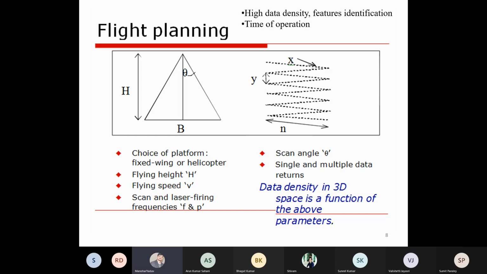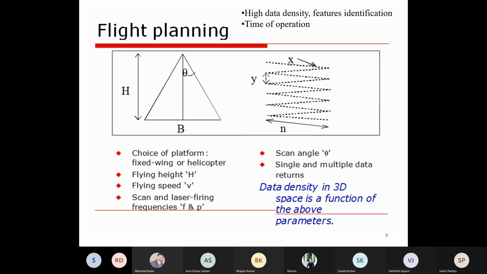So the length which we calculate is the swath. Swath is equal to 2h tan theta by 2. Am I correct? Yes, sir.